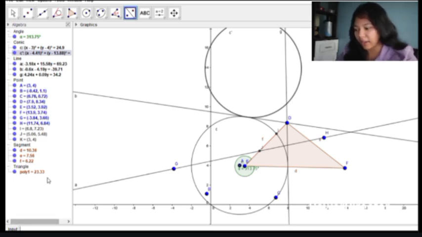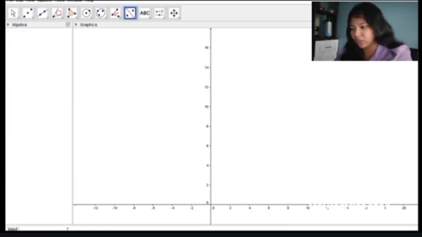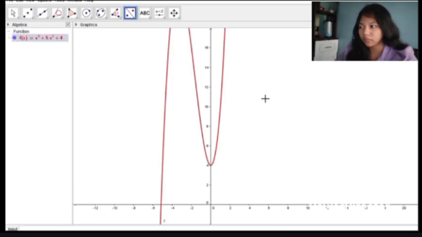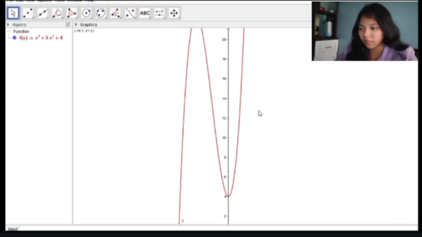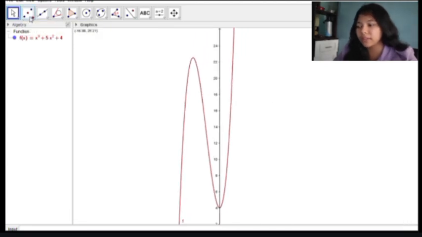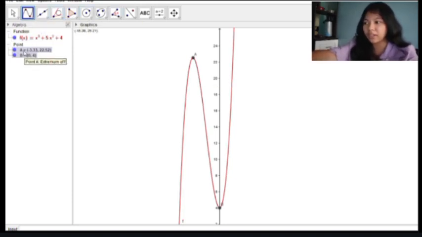Let's now tackle functions. Let's create a function, 3 plus x to the 5 squared here. If you want to find the extremum, the local maximum and local minimum of your graph, just click the graph and then the Extremum option, and the points will be visible and listed.